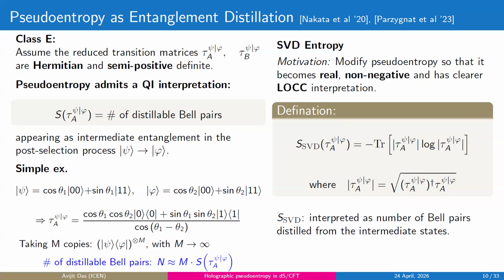Once you do that, you will only find a real quantity. Once you define this real quantity, you can define the von Neumann entropy associated to it. And in this process, this SVD entropy is always real and can be interpreted as the number of distillable Bell pairs between these two states. So that's why we can define this SVD entropy.